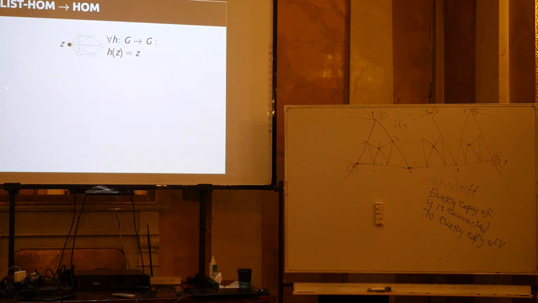For example, we can say the following. Z is adjacent to all the other vertices, so it cannot share a vertex with any of these ones, because there is an edge between them. The image of Z and the image of any other vertex differ because there is an edge between them.